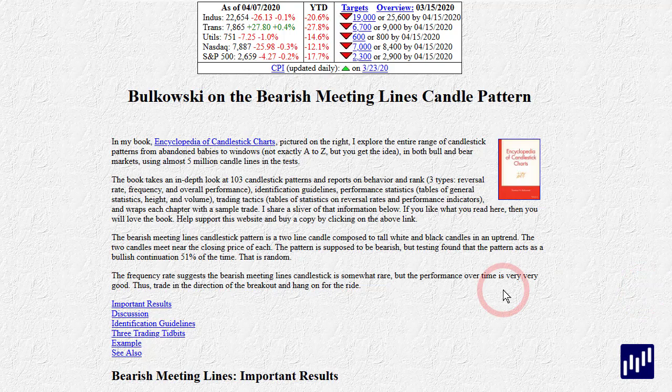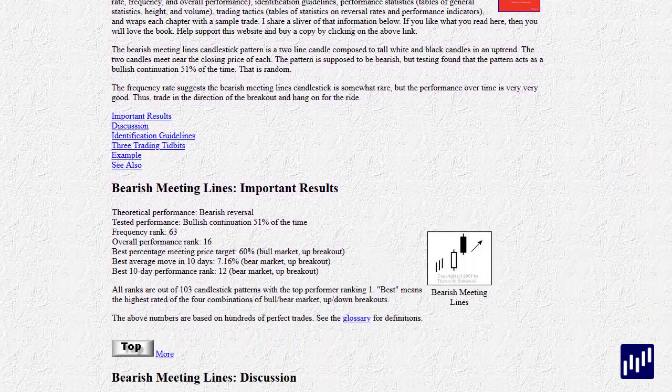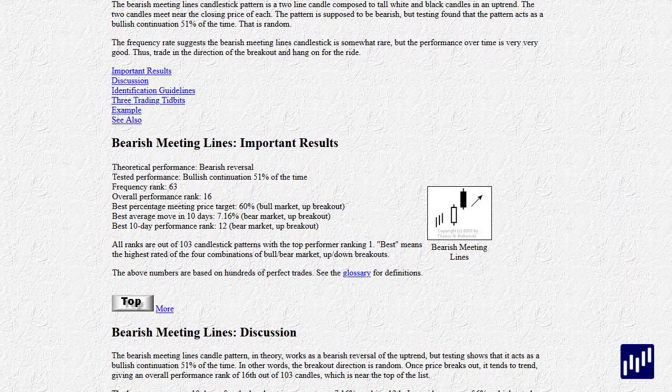So Thomas Bulkowski, of course, wrote the Encyclopedia of Chart Patterns. He also wrote an Encyclopedia of Candlestick Charts, you can see here. And he backtested some. This is patternsite.com. And what I was interested in was the backtest. And so here's what he says, tested performance, bullish continuation 51% of the time.